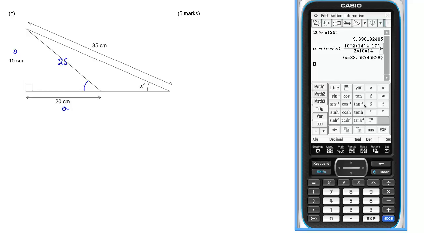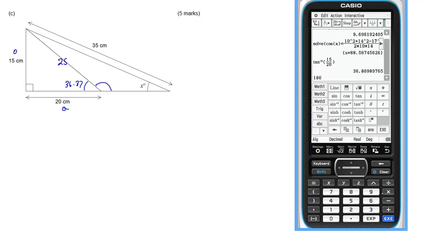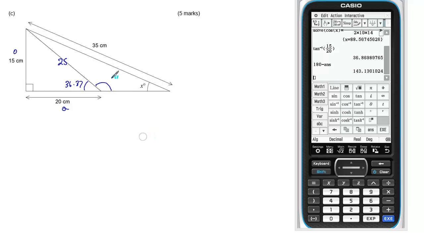So we're going to want the inverse tangent of 15 over 20 and that's going to give us 36.87, and that means that this angle here is just going to be 180, take away my last answer, 143.13.